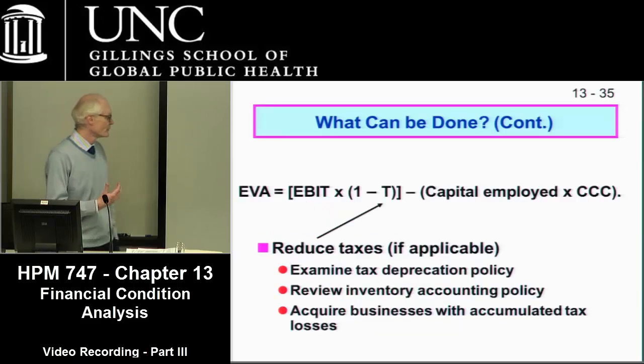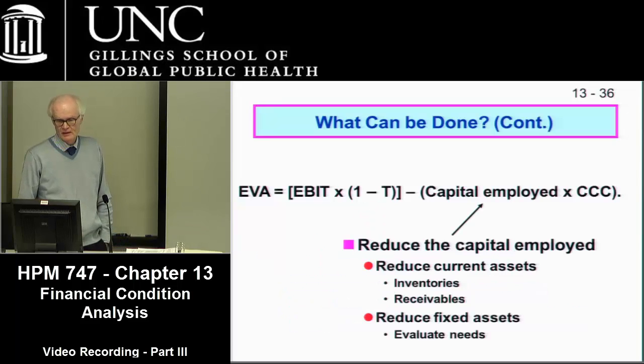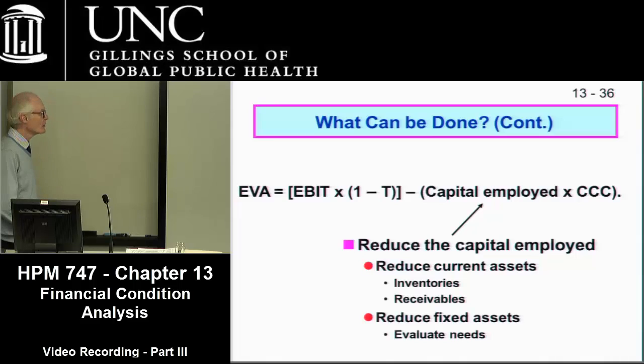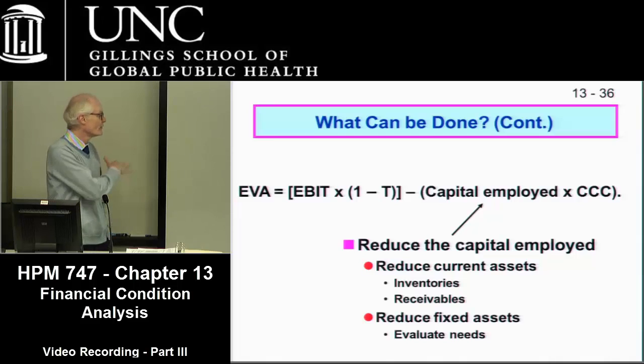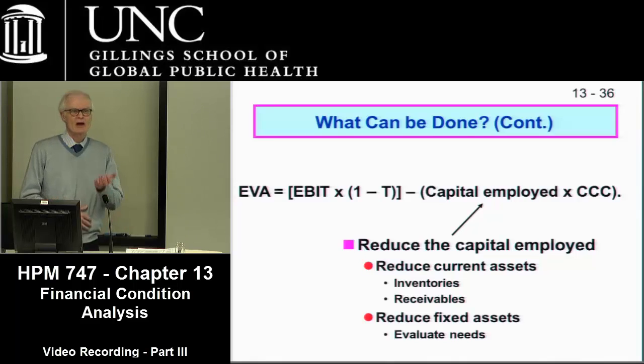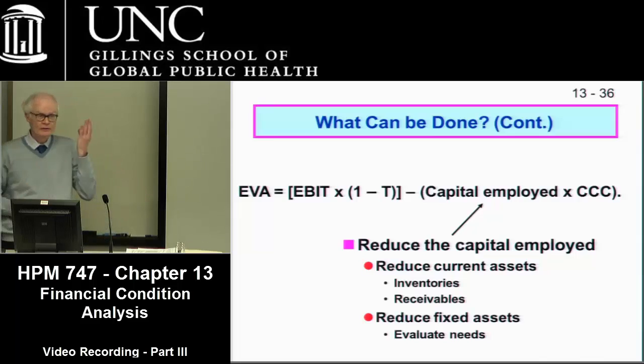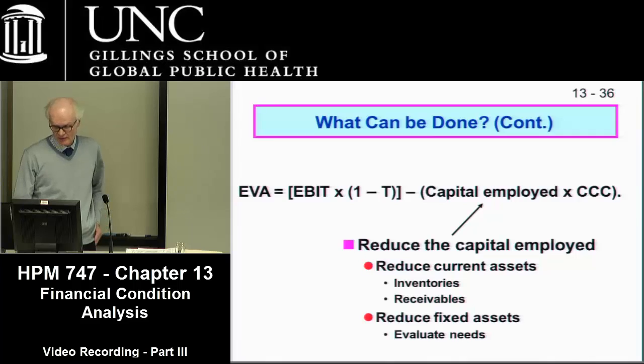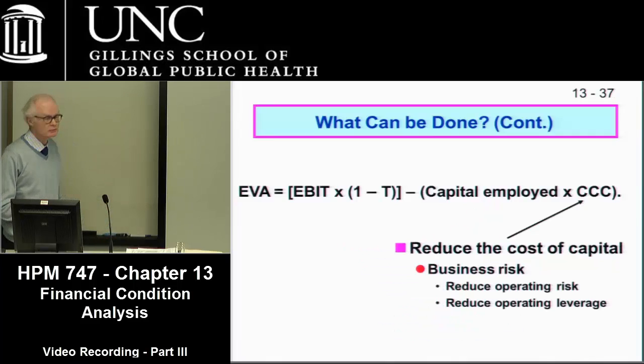Reduce taxes if you're an investor-owned organization. In terms of capital, if you can get the same volume of business with lower levels of inventory and lower levels of receivables, that's a good thing. Or if you reduce the fixed assets. If you're operating at a 40% occupancy rate, you may want to think about closing 20 beds and saving the operating costs and the fixed costs of unused capital.